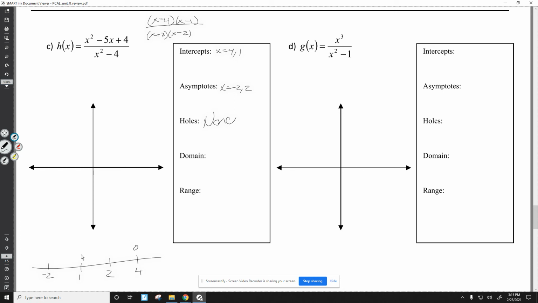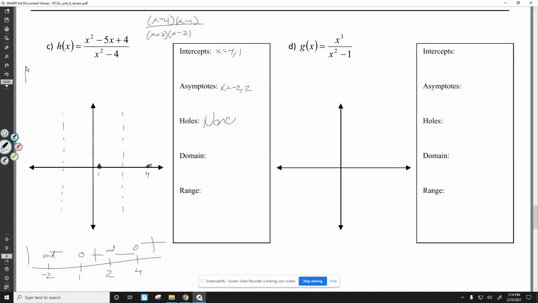This is a 0, this is a 0, this is a vertical asymptote, this is a vertical asymptote. All the multiplicities of these are 1, which means you're going to change signs there. 4 is a 0, 1 is a 0. Here we go. To the right of 4, positive, positive, positive, positive. Everything's positive. So I'm going to go positive, negative, positive, negative, positive.